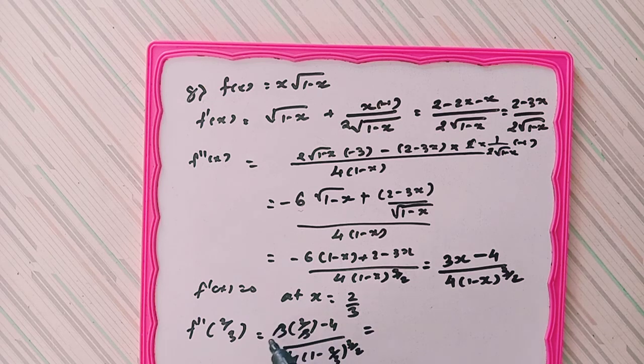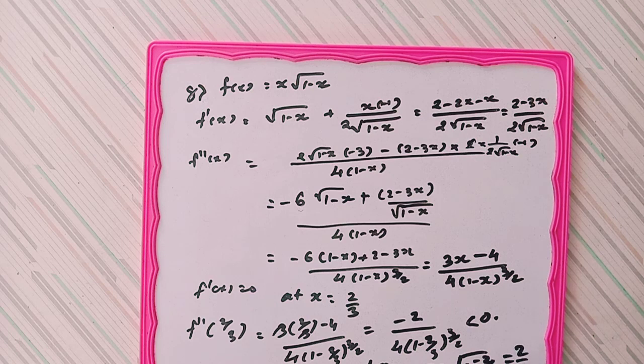So here minus 2 by 4 into 1 minus 2 by 3 raised to 3 by 2, which is less than 0, and so f has local maximum value at x equals to 2 by 3, and that will be f2 by 3 will be 2 by 3 into under root 1 minus 2 by 3. So we take the LCM, then 3 minus 2, so 2 by 3, here 3 minus 2 1 by root 3, so 2 by 3 root 3.